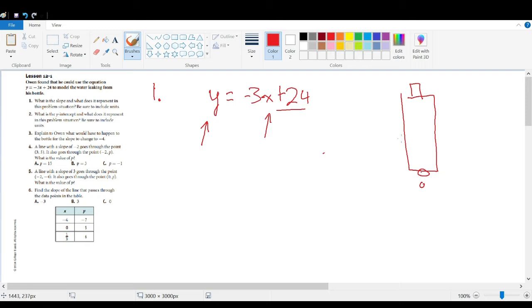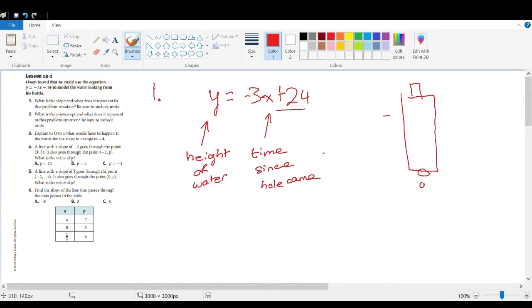That's the idea of this. So x is time since the hole came, maybe when we accidentally dropped the bottle or something, and y is just the height of the water in the bottle. So that's what we're trying to represent here.